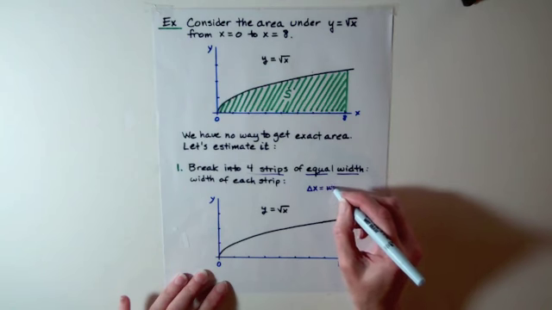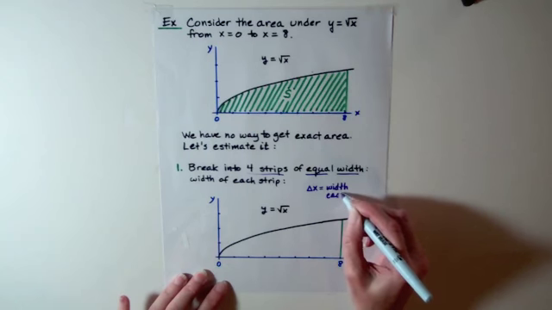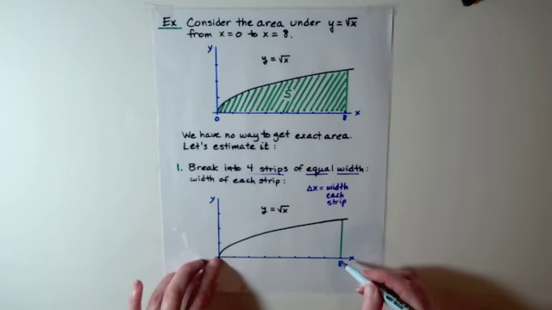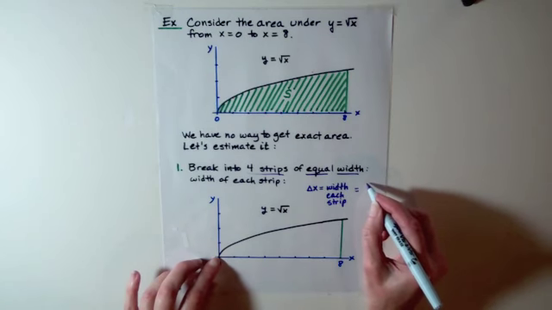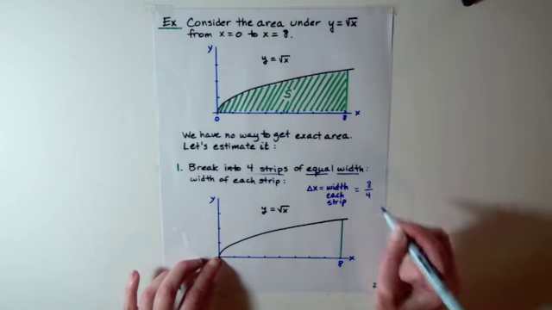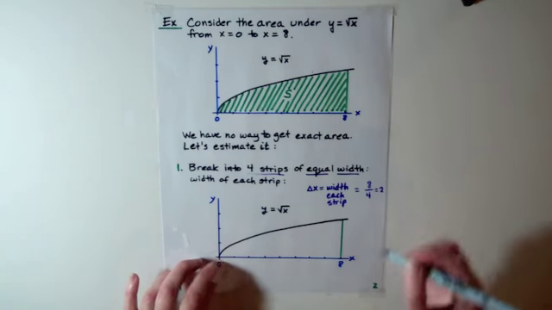So that's the width of each strip. And if I'm going from 0 to 8, I'm taking an interval that is 8 units long, and I'm dividing it into 4 equal pieces. So each strip is going to have a width of 2.